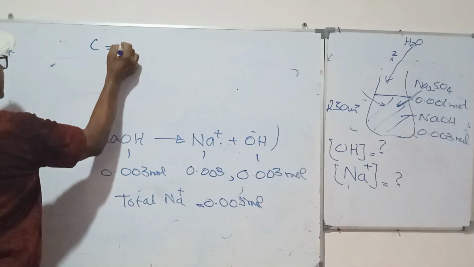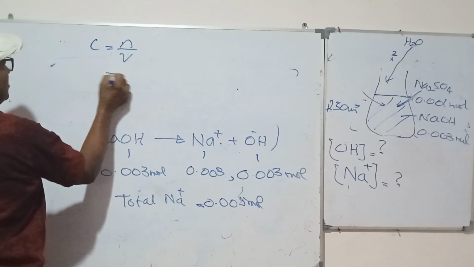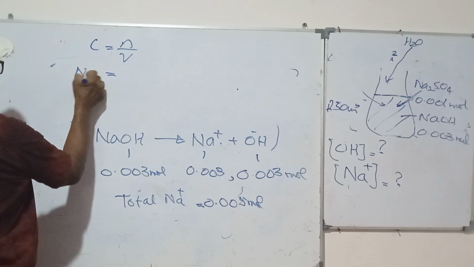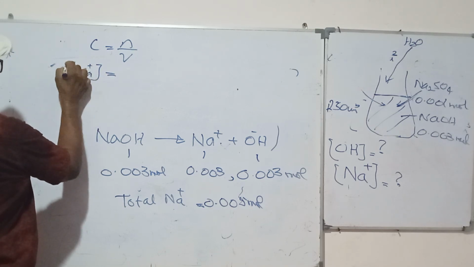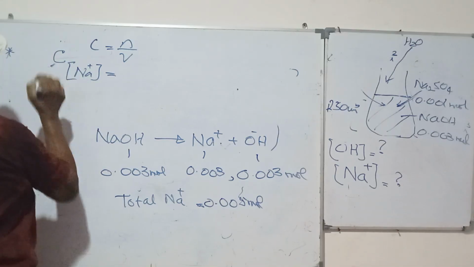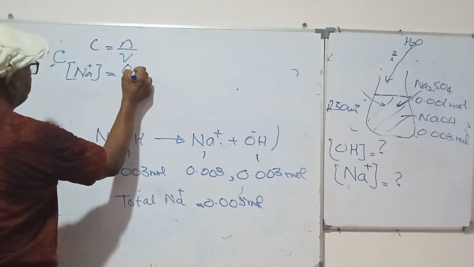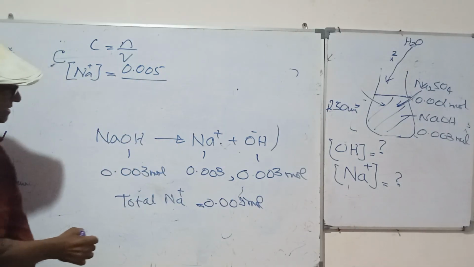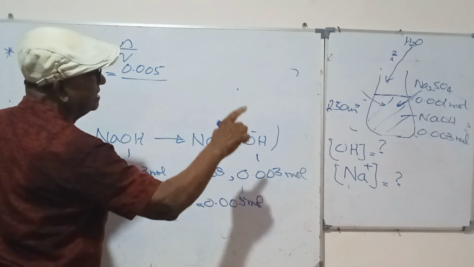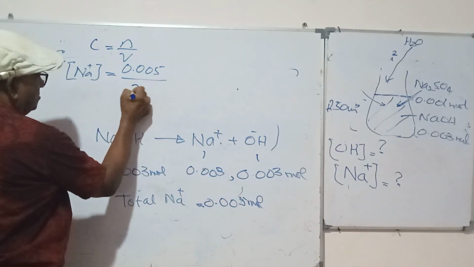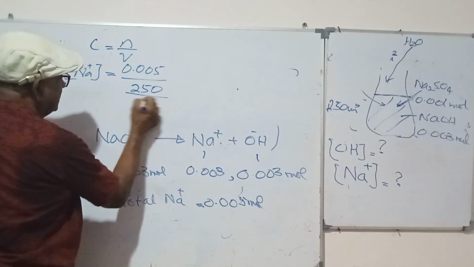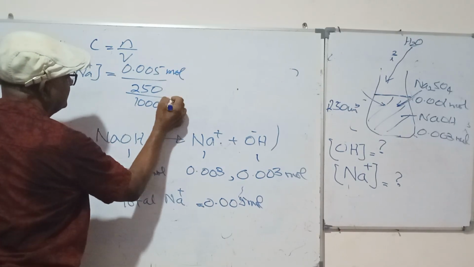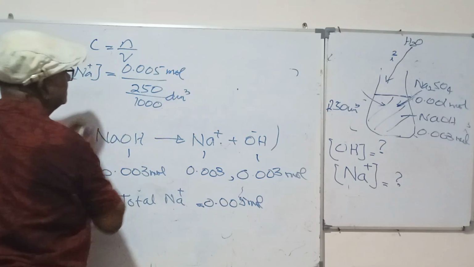C equals n over V. So the Na plus concentration equals 0.005 divided by the volume, 250 divided by 1000. This is in moles. This is in cubic decimeters.